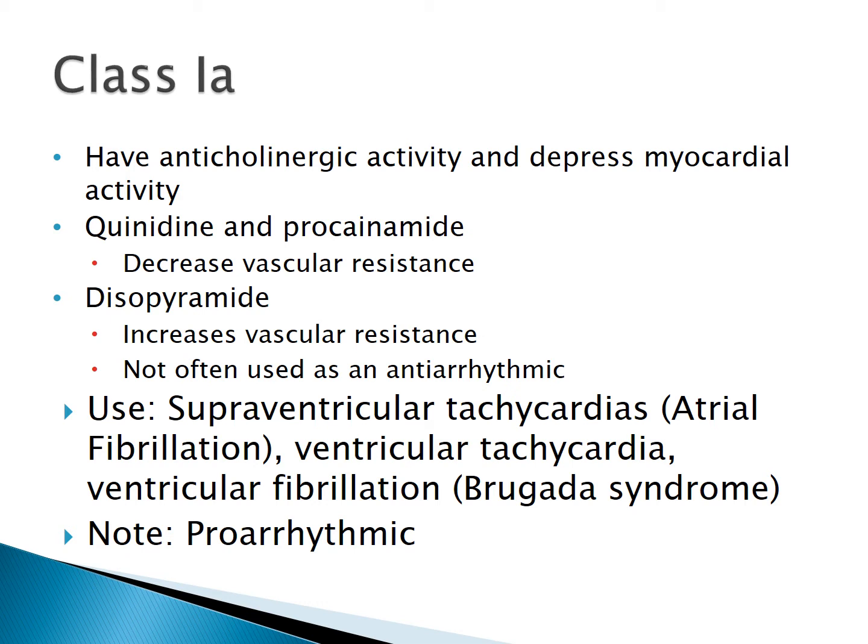Class 1A medications are used for supraventricular tachycardias, such as atrial fibrillation, but are not often used in the outpatient setting. They're also used in ventricular tachycardia and ventricular fibrillation, and especially used in Brugada syndrome. And just note that due to the wide QRS and QT, they are proarrhythmic.